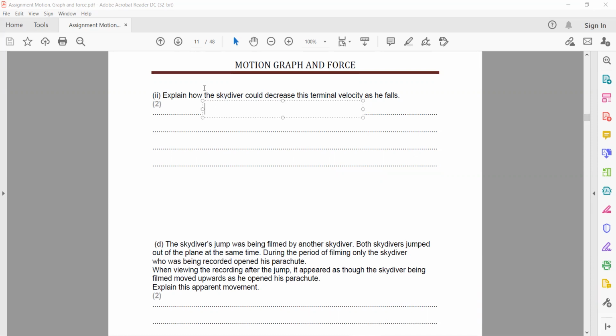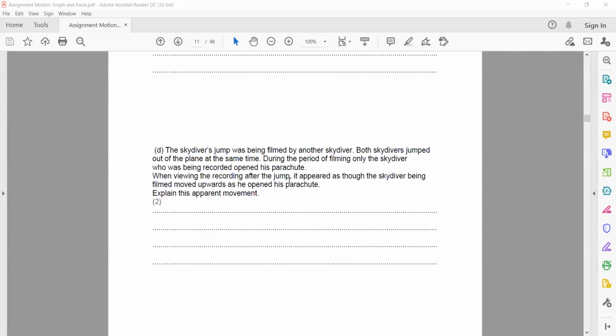So he can increase the drag force by increasing the surface area, which will lower the terminal velocity.